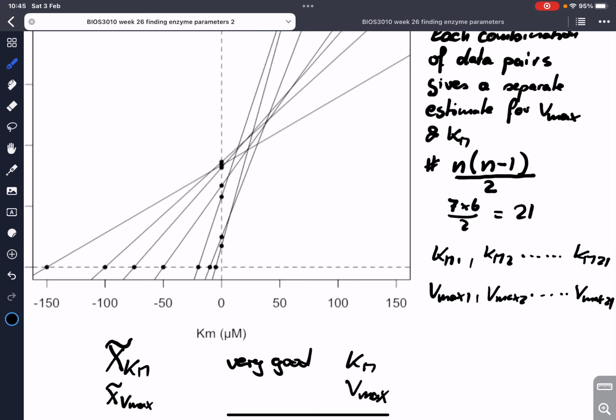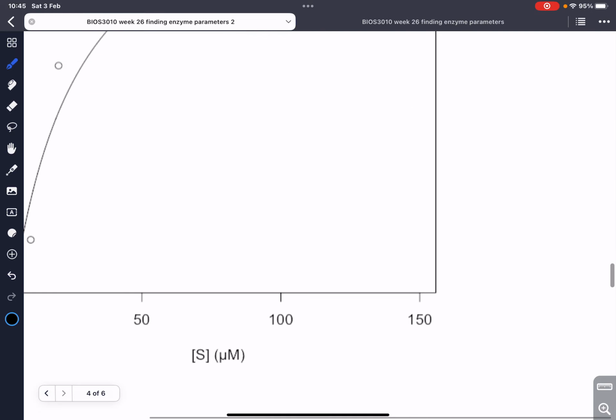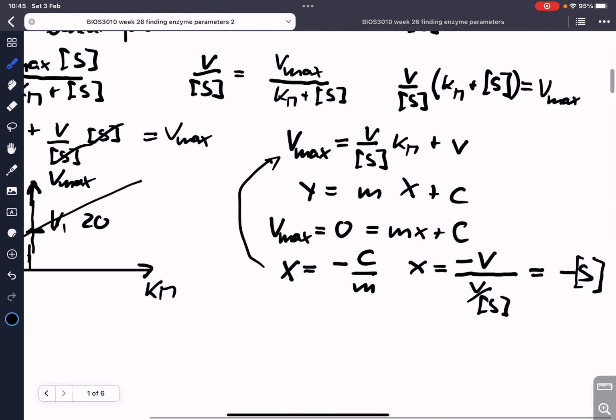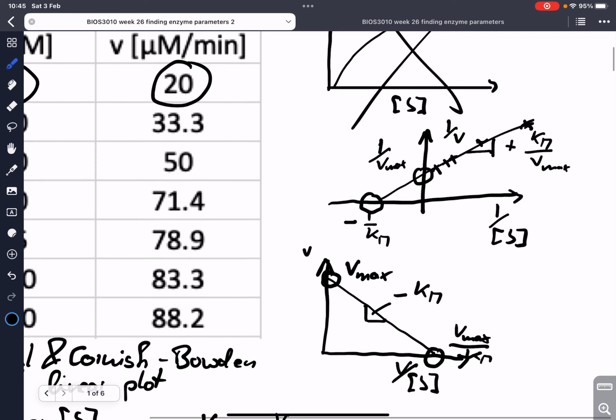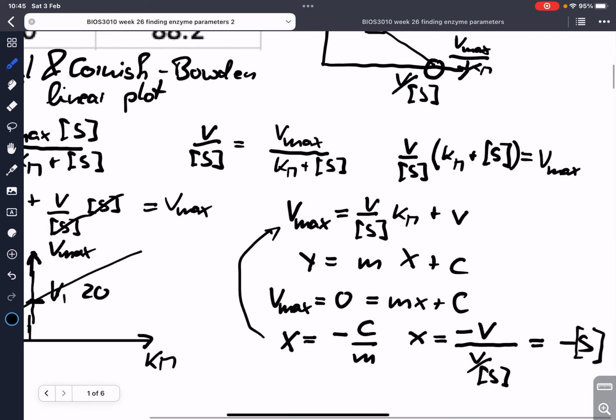So with this direct linear plot, we can actually do proper statistics, because we get a set of data for our Km and Vmax. We don't just simply have a single data set like we've got with, for example, a Lineweaver-Burk plot or with an Eadie-Hofstee plot.